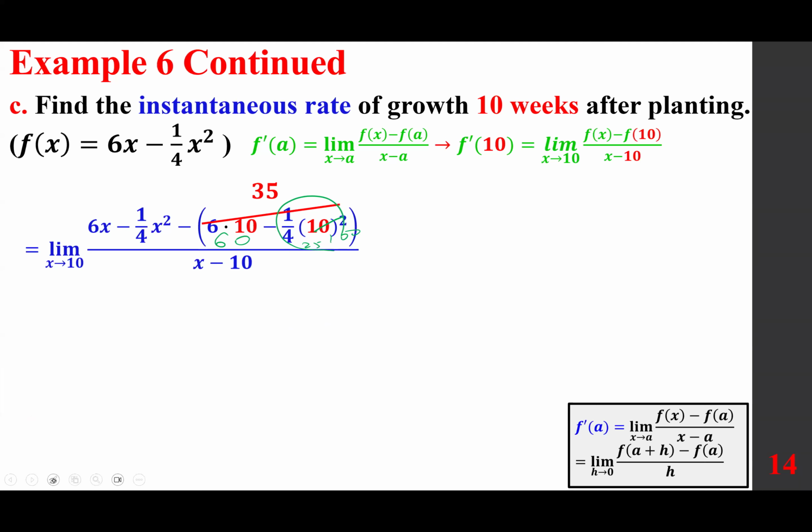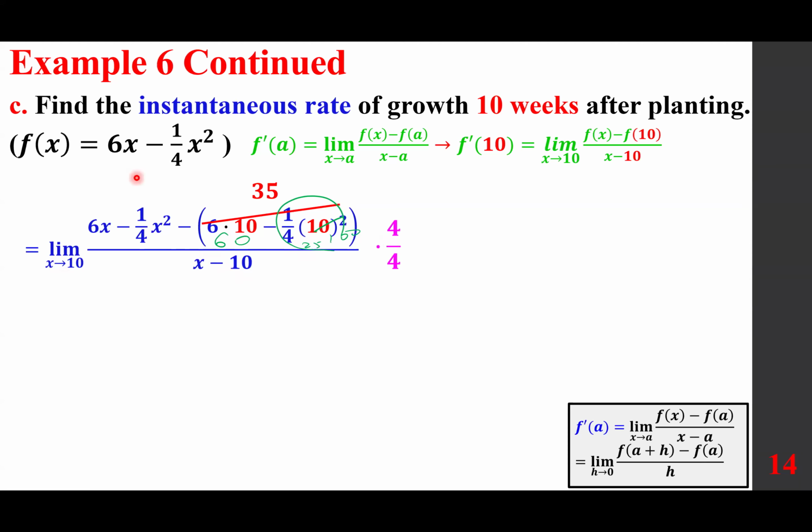And as you notice, because of this negative 1/4, this becomes a complex fraction. To simplify a complex fraction, we're going to multiply the bottom and the top by the LCD, which is 4. So 4 at top, 4 at the bottom. First, I want to discuss the denominator. You just keep it as a product of 4 and x minus 10, because as x approaches 10, x minus 10 approaches 0, and that's a problem.